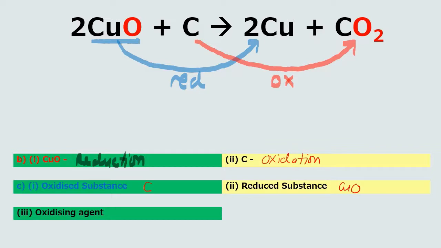The oxidizing agent is the opposite of the reaction that occurs. Copper oxide is an oxidizing agent because copper oxide undergoes reduction, while the reducing agent is the substance that undergoes oxidation, which is carbon atom.